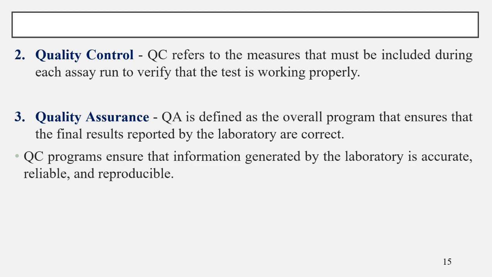Next is quality control. Quality control means measures that must be included during each test run to verify that the test is working properly or not. That is the quality control. And quality assurance. Quality assurance is defined as the overall program that ensures the final results reported by the laboratory are correct.